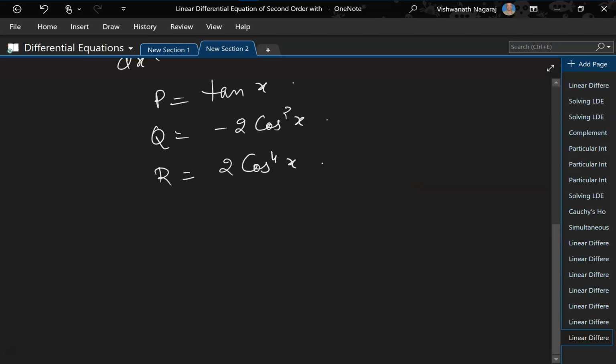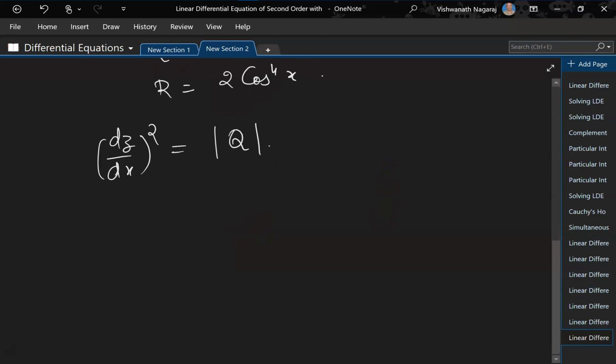Now remember, in the previous session we looked at two methods of picking z, how to decide what z should be. So (dz/dx)² should be equal to the magnitude of q. Yes, that's what we decided.